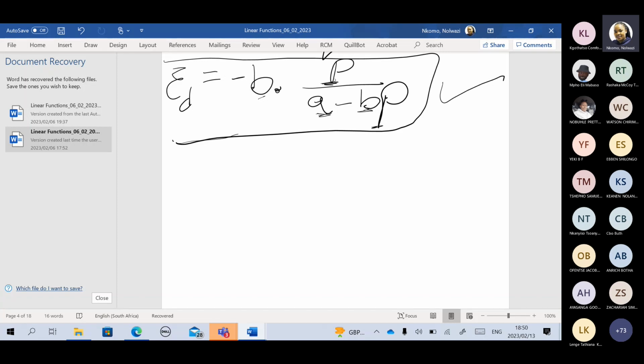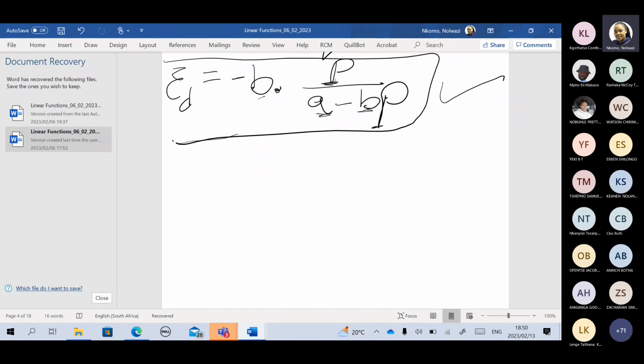In the first approach, we'll be asked to calculate the price elasticity at a given point, like at a certain price. And in the other approach, we find the price elasticity on an interval, right?